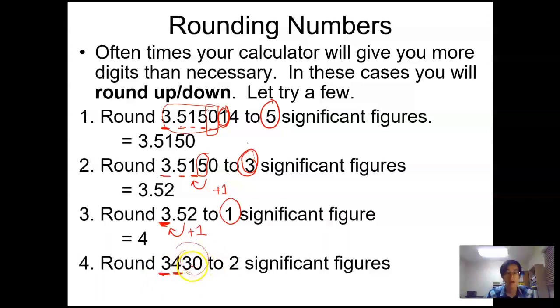So if I round this, this is a number less than 5, so that means I am not going to move the next digit up by 1. So my answer is actually going to be 3,400. Okay. So I am only going to specify the thousands and the hundreds, right? Not the tens and ones, all right? Because those are less significant compared to my larger numbers.